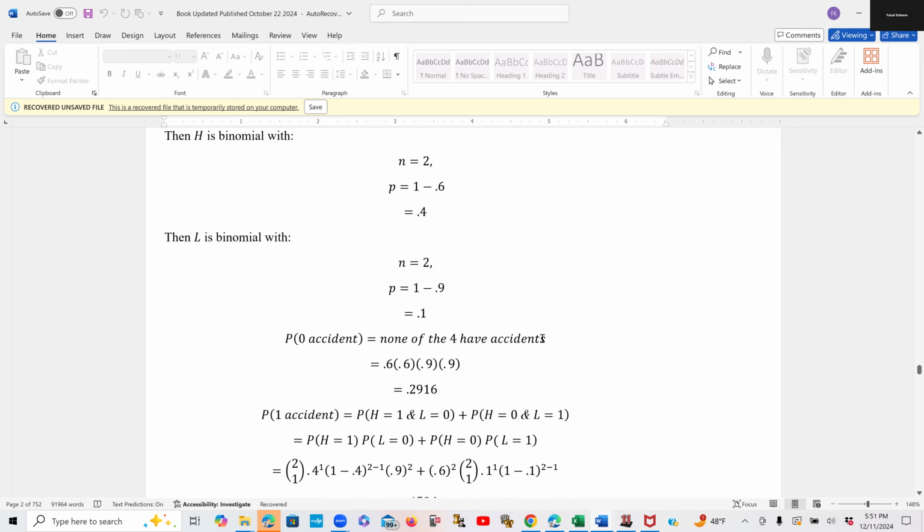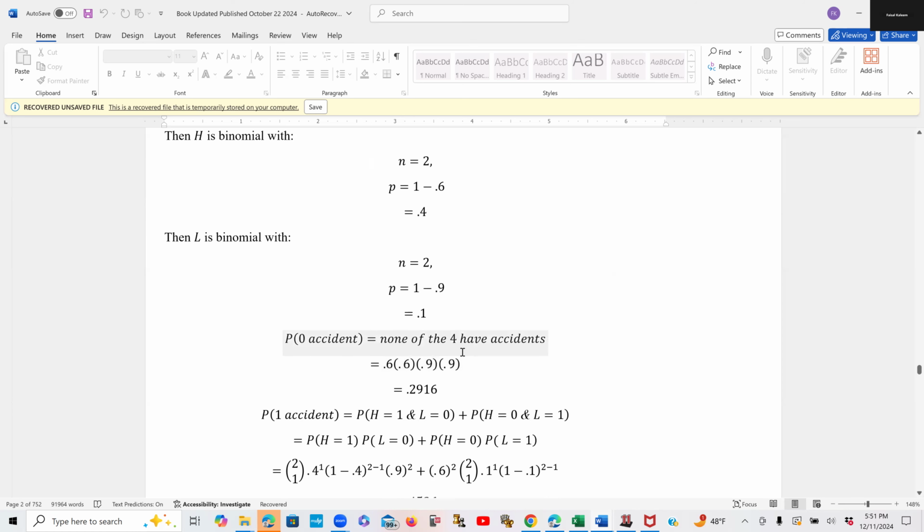And the probability of zero accidents would be that none of the 4 have accidents. So 0.6 and 0.6 that the high risk will not have accidents, and 0.9 and 0.9 that the low risk will not have accidents.